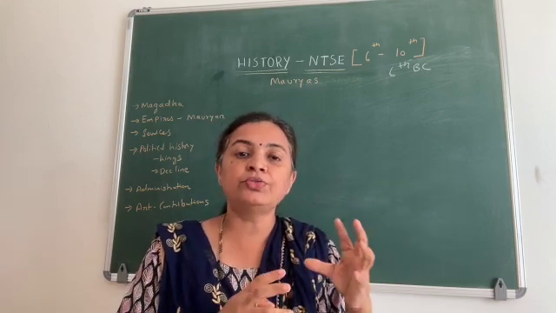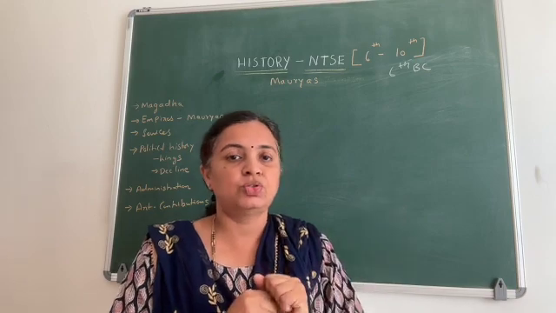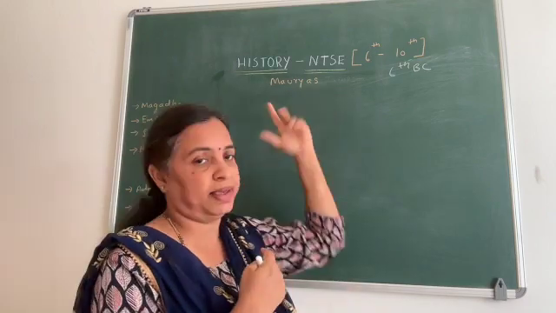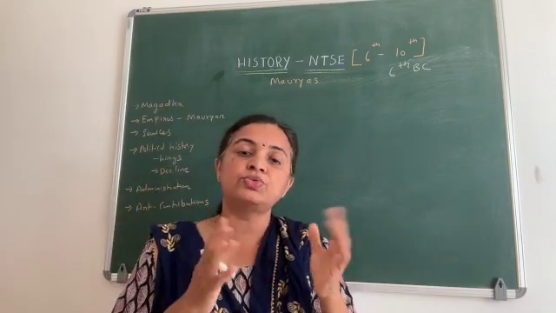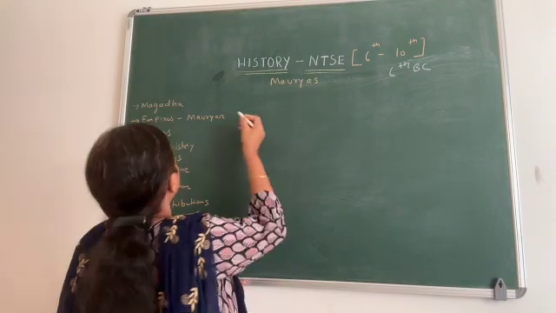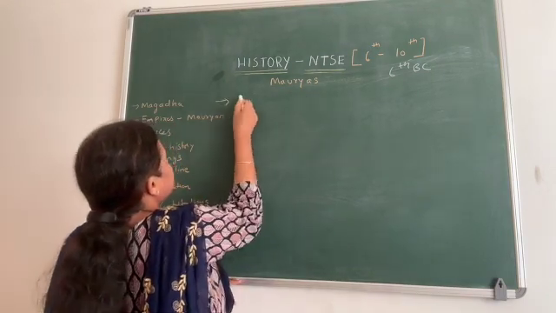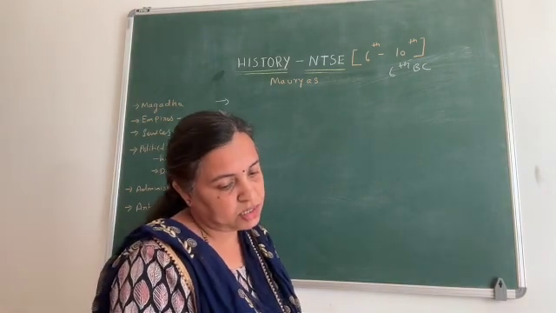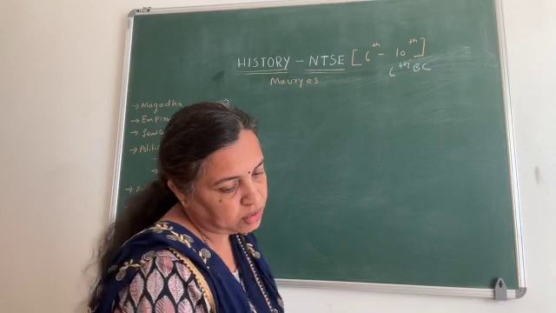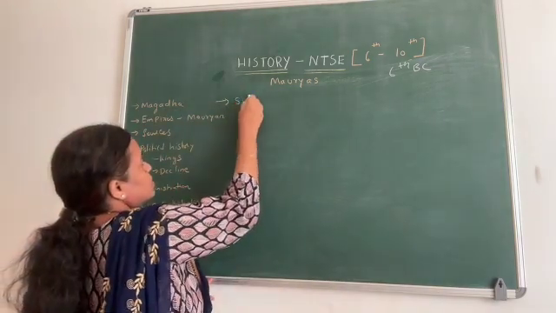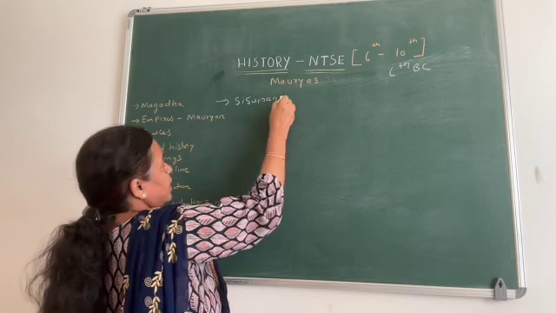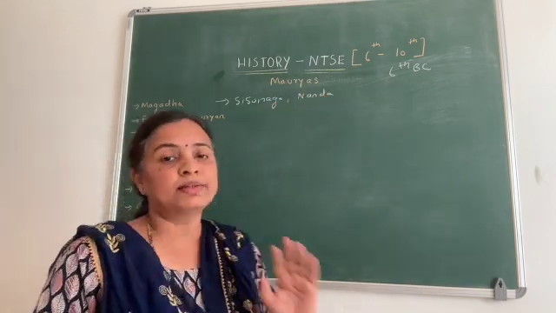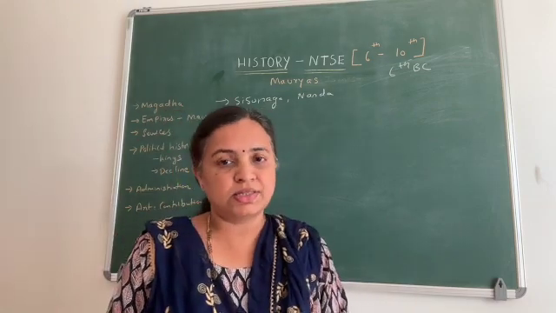There were a lot of kings who ruled over Magadha before the Mauryans actually came, like Sisunaga, and then Nanda. So Magadha was ruled by many kings.